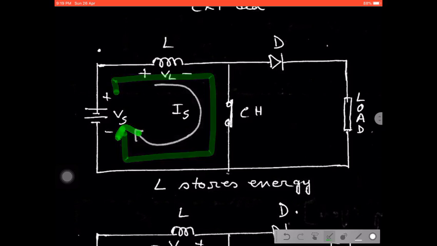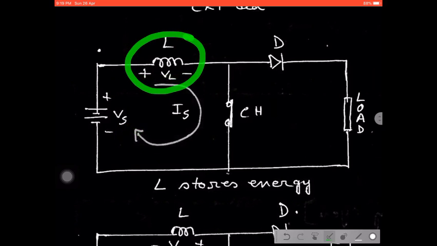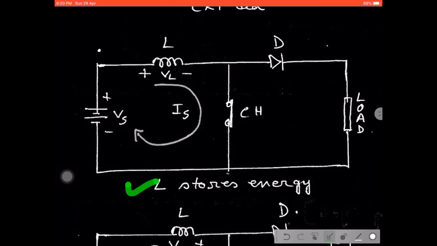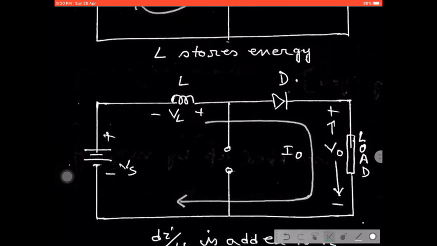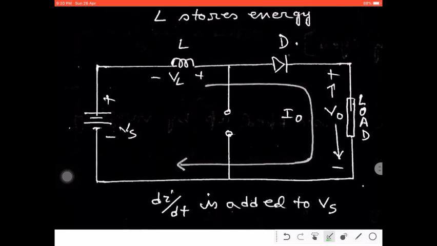Then the inductor gets charged to the supply voltage Vs. The polarity of the inductor is positive on this side and negative on this side. This is the mode of operation in which the inductor stores energy. Now consider the second mode of operation where the switch is opened.